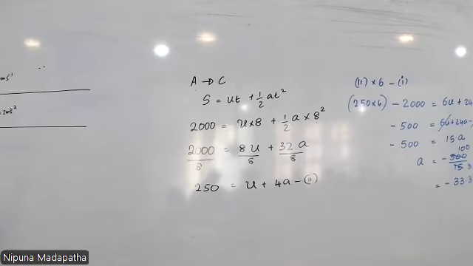Right. So the question asks, what will be the velocity of the car when it overtakes the bus? Initially, the bus is in front of the car, but the speed of the bus is constant. Although the initial velocity of the car is zero, it has acceleration.